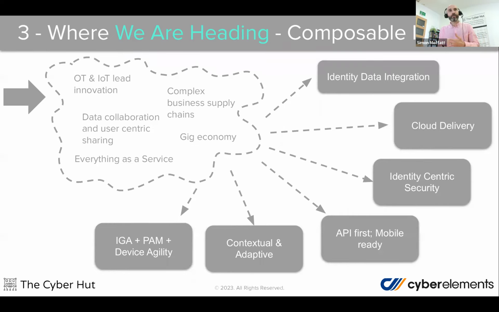We talk about complex supply chains, huge interdependency between operational technology and information technology and IoT as well. We have the whole aspect around hiring and gig economy and remote workers, and that level of complexity is driving identity to be much more agile, much more focused on security, much more focused on being adaptive and responsive to all of these business challenges and all of the external changes within industry.